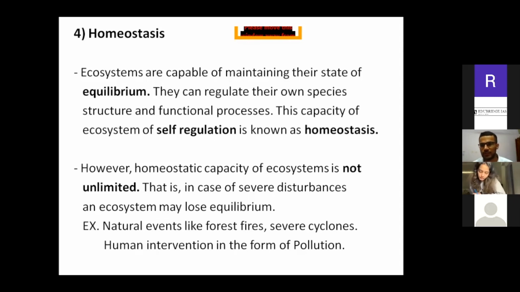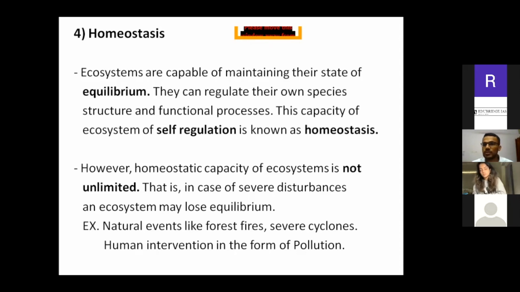Next, third type of service, cultural services. Under that, you can write, they have aesthetic or educational importance.